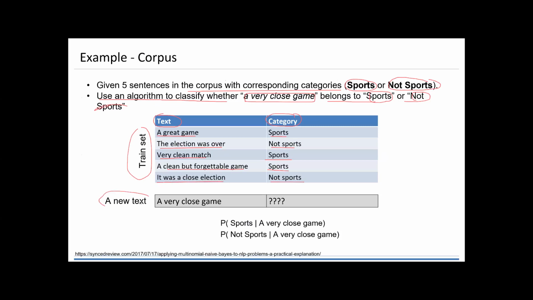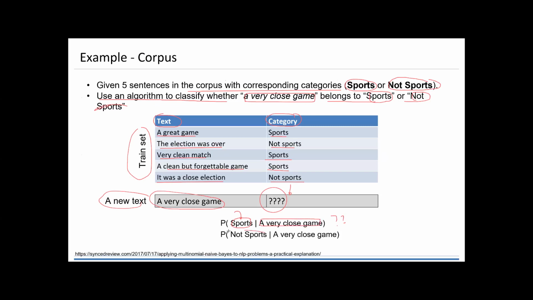Then if there is a new text, a very close game, can you specify what would be the best category for this one? In this case, we can deal with probability. If it belongs to sports, given the text a very close game, what is the probability?